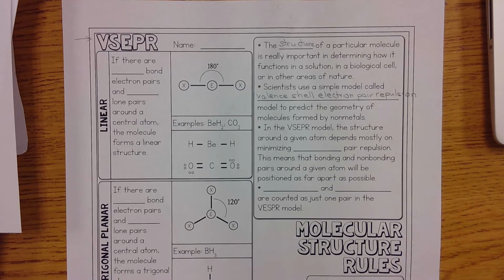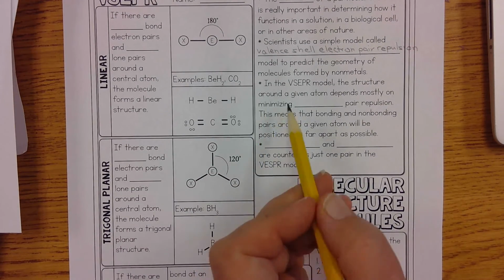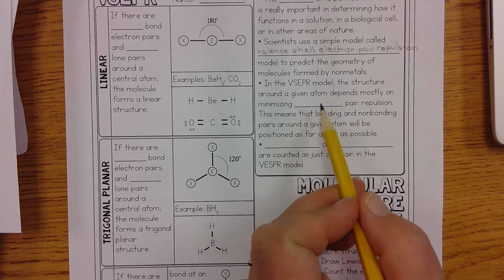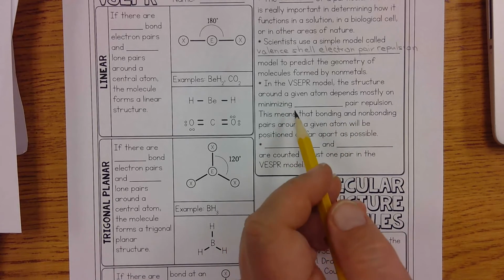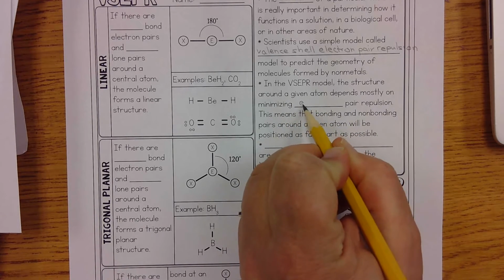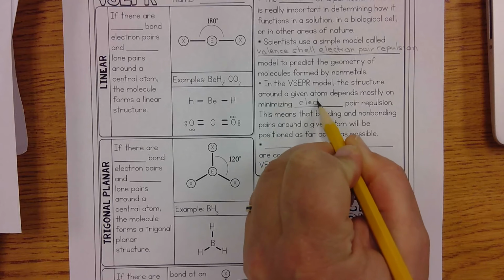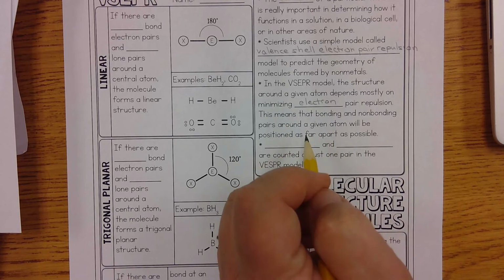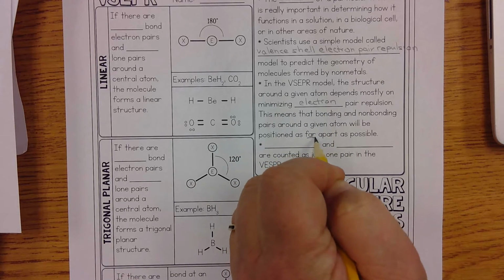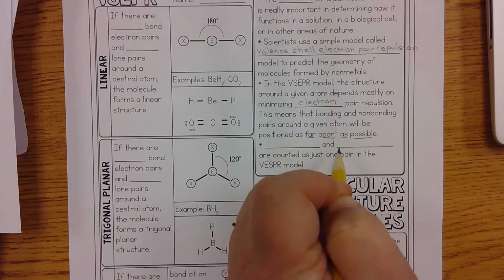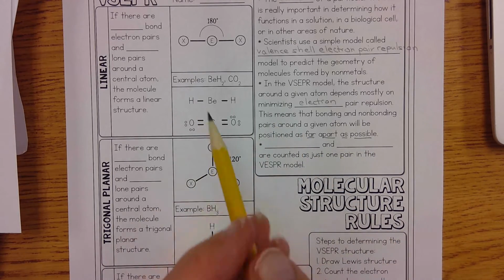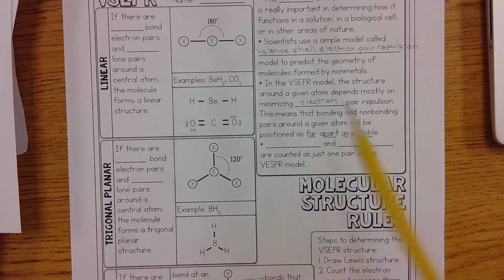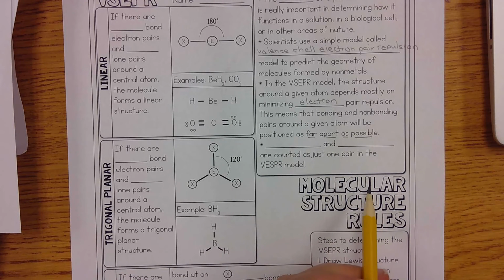That's it. Right? So, like it says here, in the VSEPR model, the structure around a given atom depends mostly on minimizing electron pair repulsion. So, what is the place where the electrons are as far apart as possible? Far apart as possible, still being bonded together, right? They've got those bonds, so they can only go so far, but they need to be as far apart as possible.